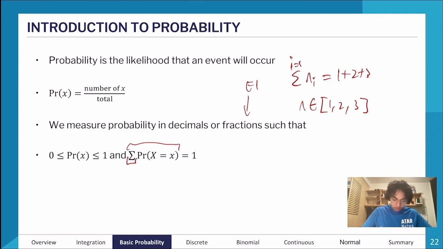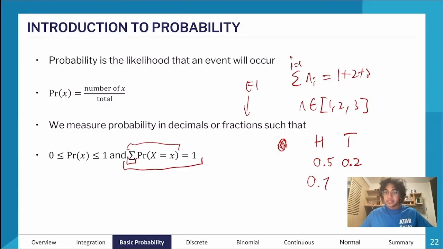And so what this whole statement is saying is that the sum of all the probabilities must add up to 1, right? So if I have 2 events, like the probability of getting heads and the probability of getting tails, they both need to add up to 1. It can't be like this, because this only adds up to 0.7, and that doesn't explain what happens the other 30% of the time.